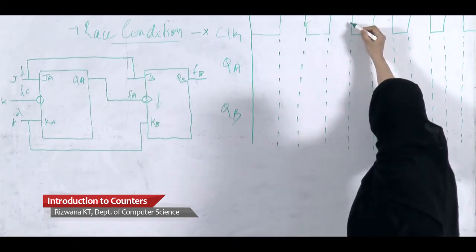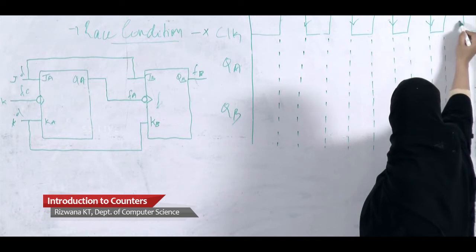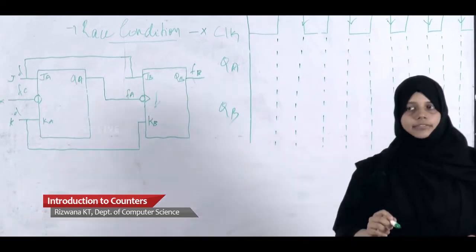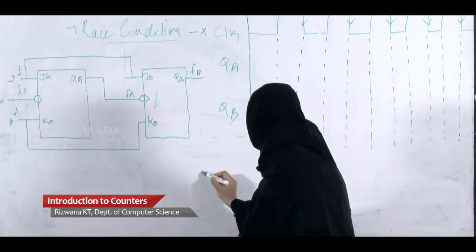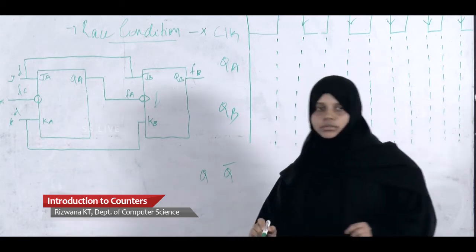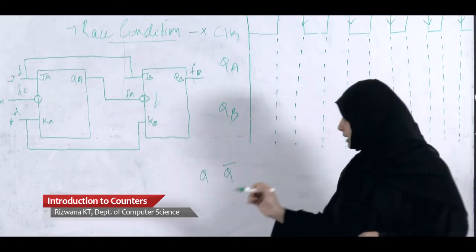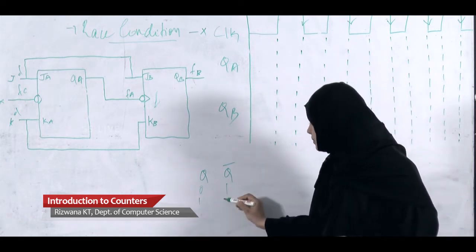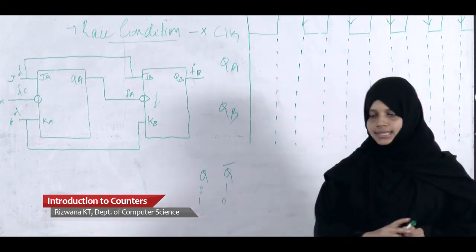This clock becomes active in the falling edge. If the previous state is Q, the output will be Q complement. That is, if the previous state was 0, the present output will be 1. If the previous state was 1, the present output will be 0.